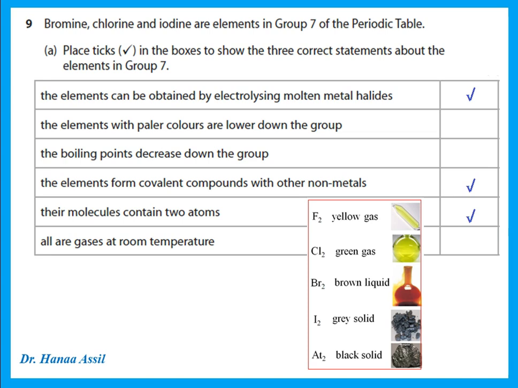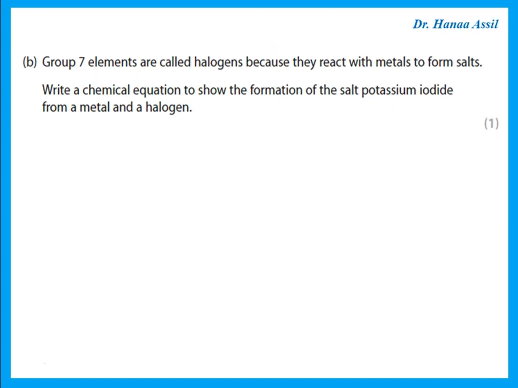Yes, you know that halogens are diatomic and they have two atoms. All are gases at room temperature? Of course not. Only fluorine and chlorine are gases. Bromine, we said, is the only liquid nonmetal in the periodic table, and iodine and astatine are solids.